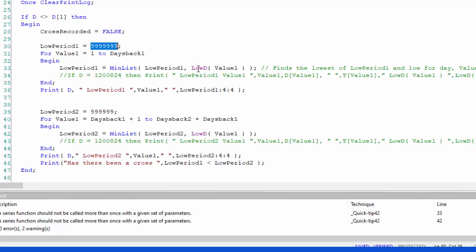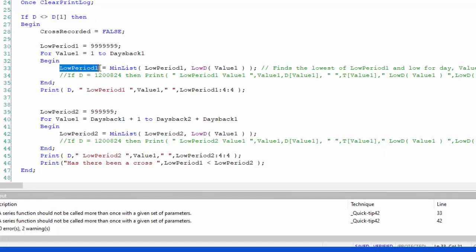Now low D is an inbuilt function that tells us the low of the day. So for example, low D round brackets with 1 in the middle would be the low of yesterday. Low D with 2 in the brackets, that would be the low of the day before yesterday, and so forth. So clearly if that value is less than the current value of low period 1, then we set low period 1 to be the new value.